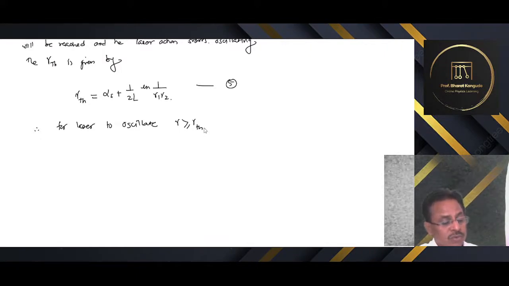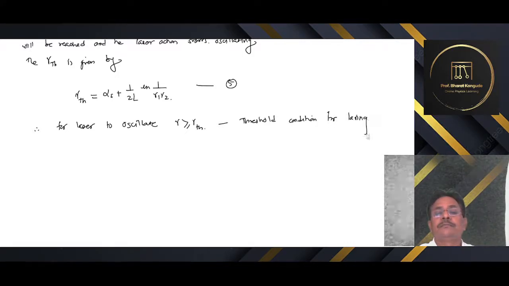This equation is known as the threshold condition for lasing, and it states the criteria for when the net gain is able to counteract the effect of losses in the cavity. The value of gamma must be at least gamma threshold for laser oscillations to commence.